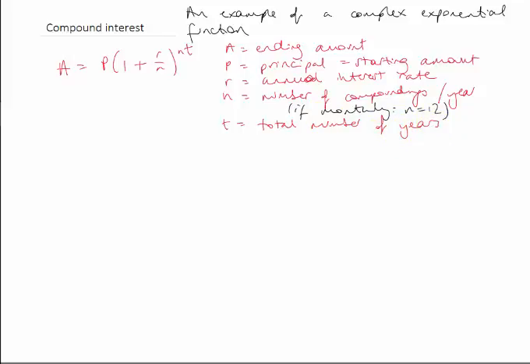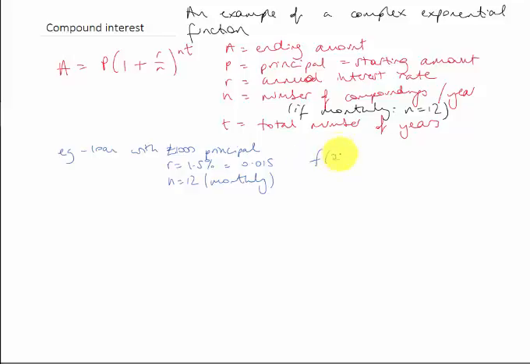Okay, so let's have an example. Let's imagine we've got a loan with £1,000 principal, an interest rate of 1.5%, which is 0.015, n equals 12, so that's monthly.